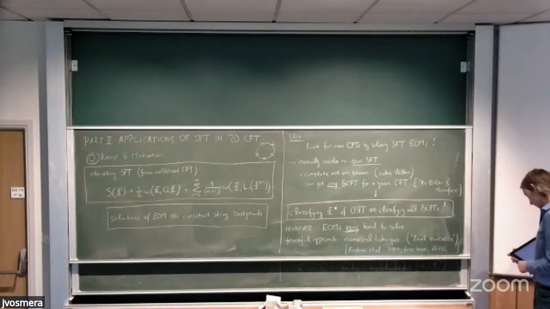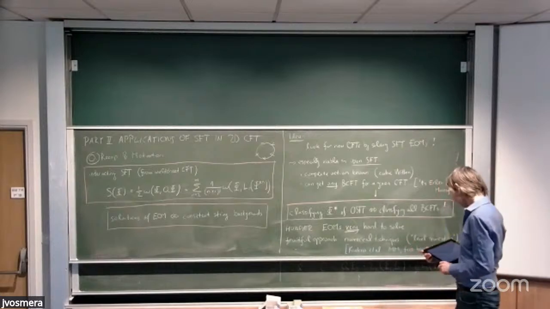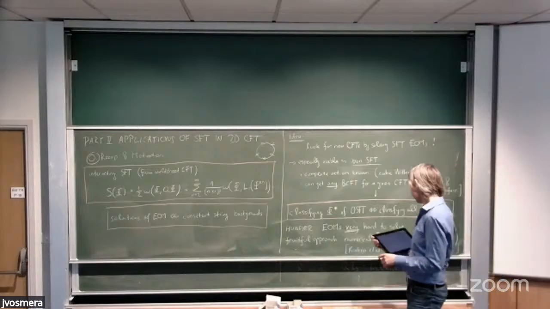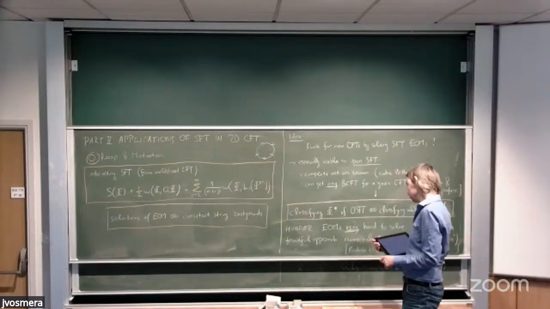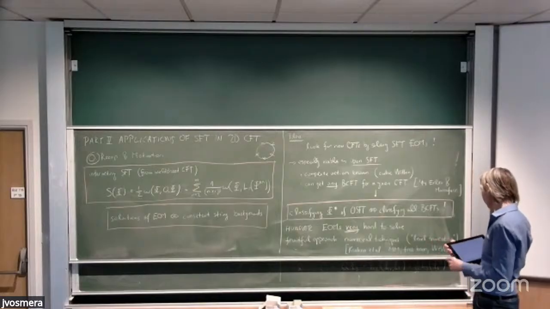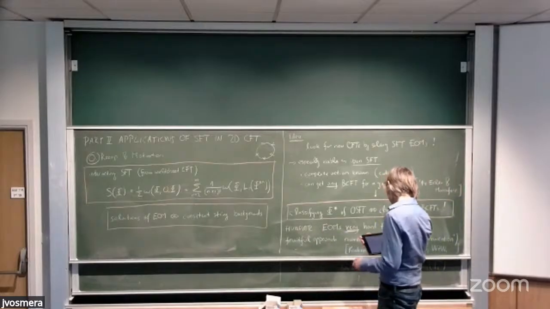So we can see that in the conventional worldsheet approach to string theory, one really uses the 2D CFT as a tool to compute some observables related to strings, right? So we fix the CFT on the worldsheet and compute some amplitudes, right?